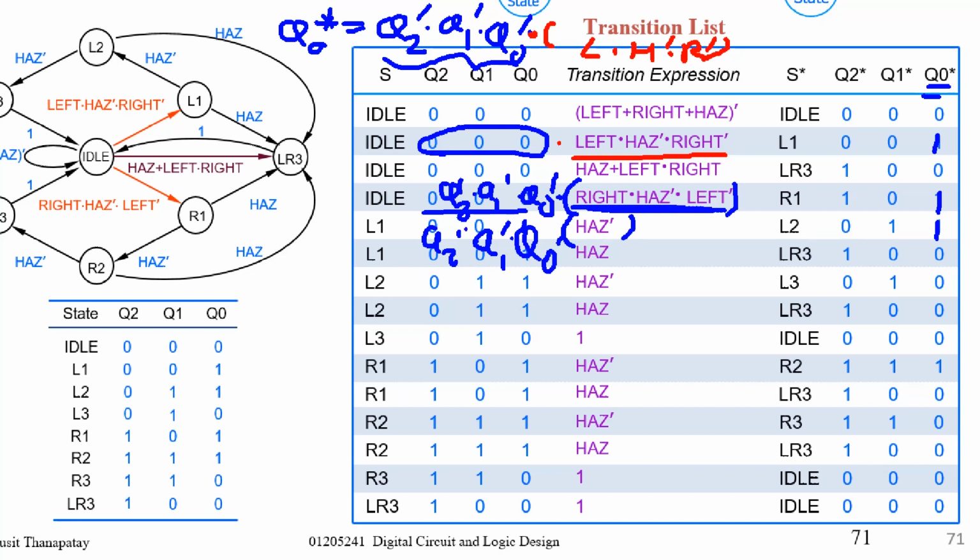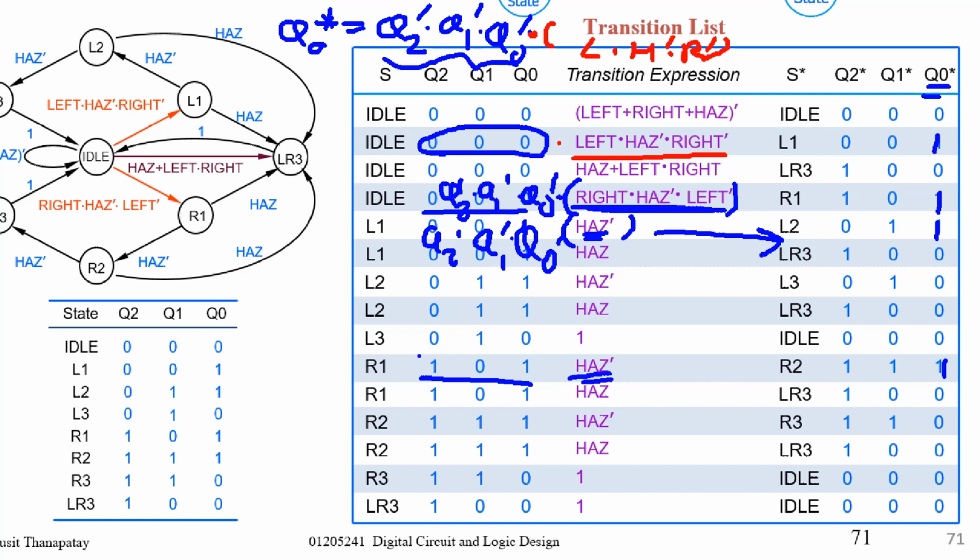If this condition becomes true and this input becomes true, you change to the state L2, in which Q0 star is 1. And the last one is this one. It changes from this state to this state when this input becomes true.